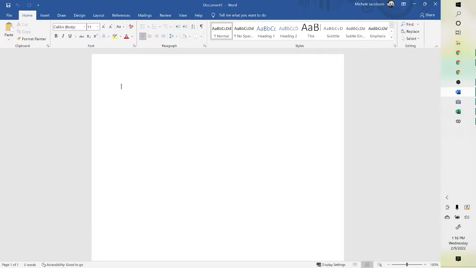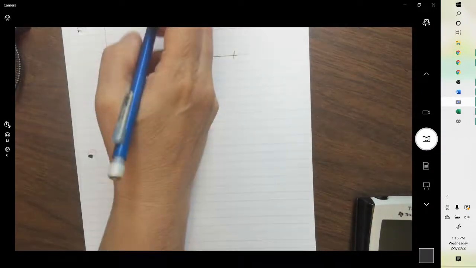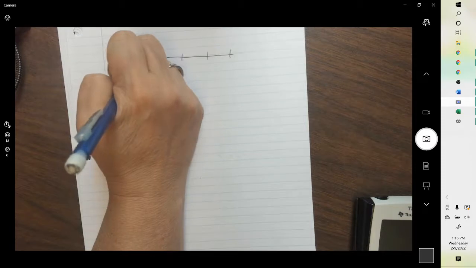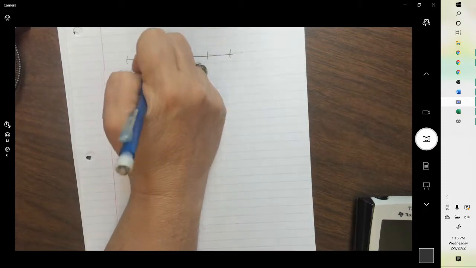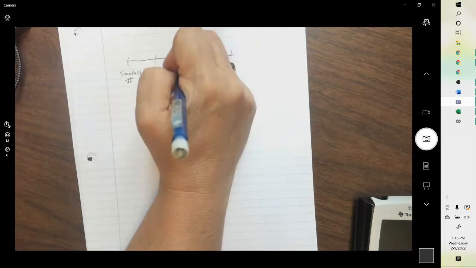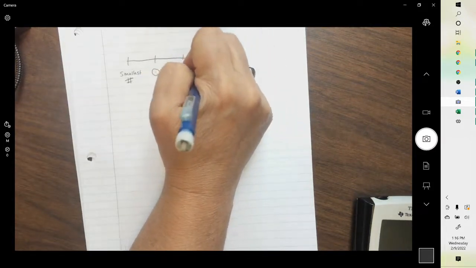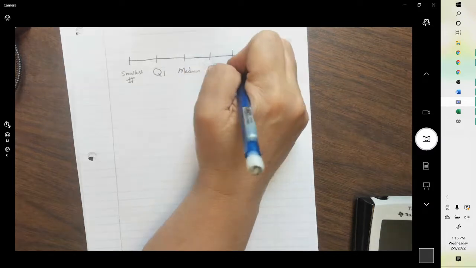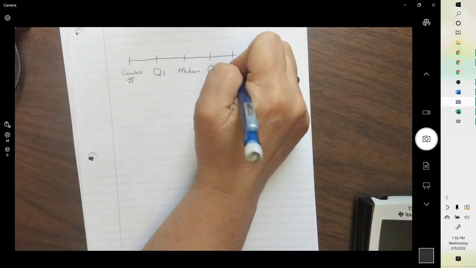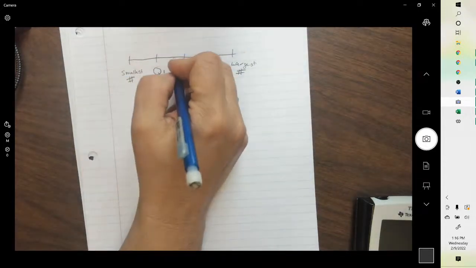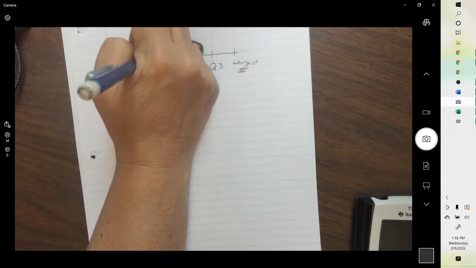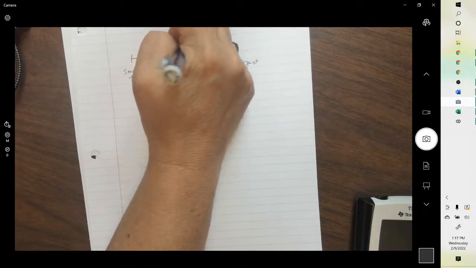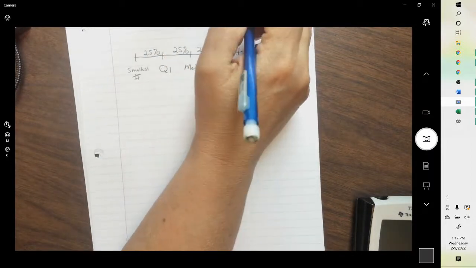When you have a box plot, it starts with the smallest number, and then it has Q1, the lower quartile, your middle number, the median, then the upper quartile, and the largest number. These are broken into quarters. So this is 25% of the data, this is 25, this is 25, and this one's 25.